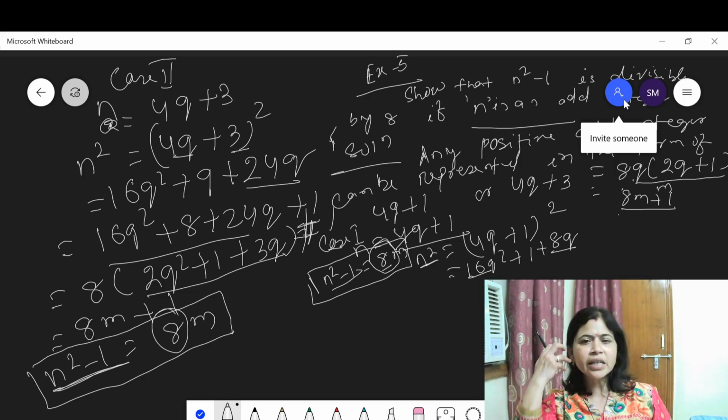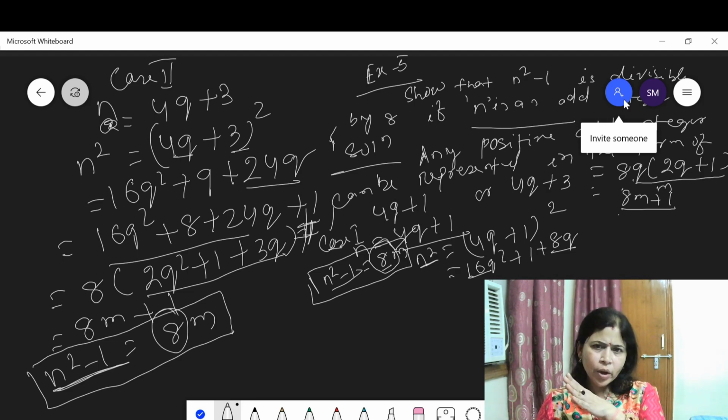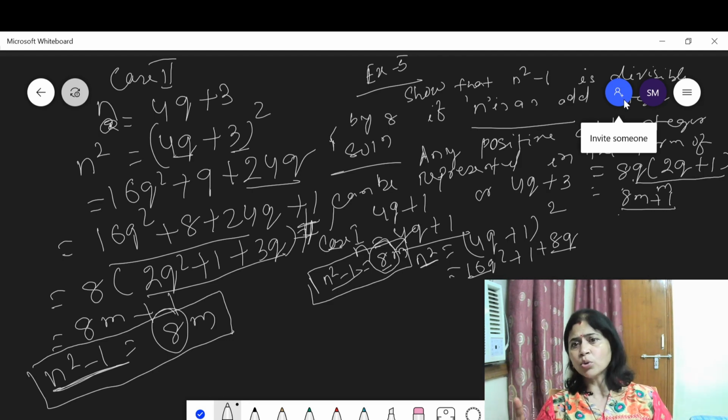When you take case 1, 4q plus 1, then squaring both sides, n square is equal to 4q plus 1 whole square. Then (a plus b) whole square is a square plus b square plus 2ab. Then n square is equal to 16q square plus 1 plus 8q. Taking 8 common, n square is equal to 8m plus 1.